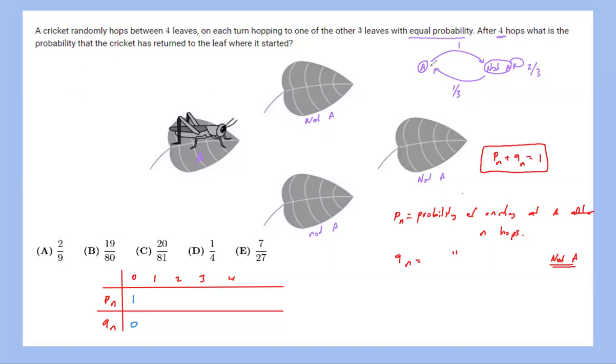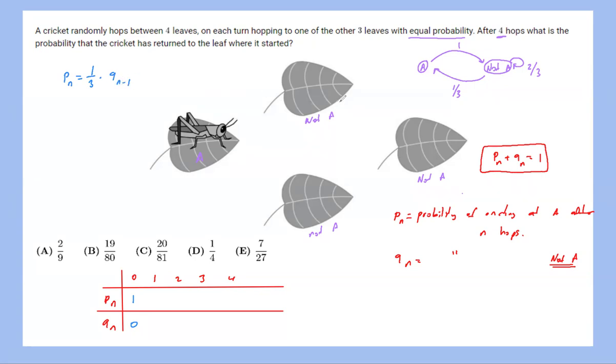So again, if we want to get P of n, n is just the probability of ending at this state after n seconds. The only way that will happen is if you were at not A, and then there is a 1/3 possibility that you are going to end at A. So which is why P of n equals 1/3 times Q of n minus 1.